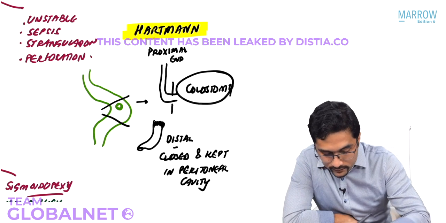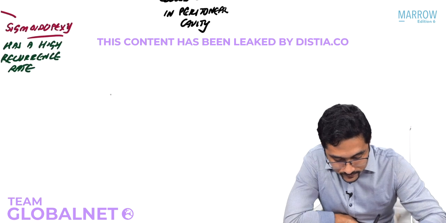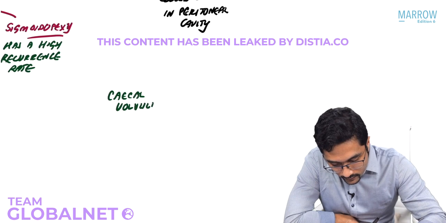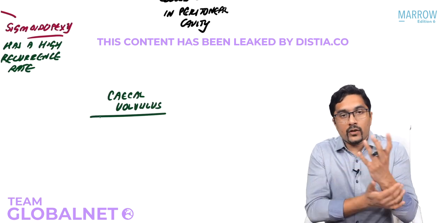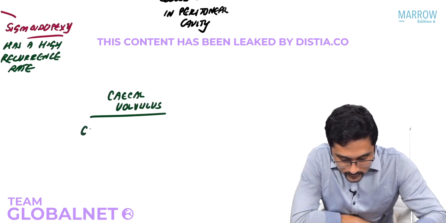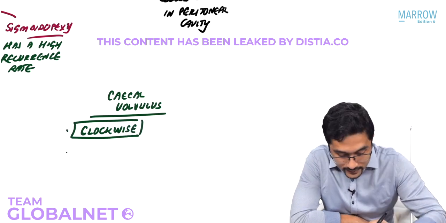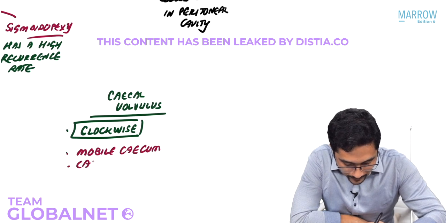The other volvulus which you need to know about is cecal volvulus. Now cecum is usually fixed. So cecum usually cannot undergo rotation because it is fixed. So cecal volvulus usually undergoes volvulus clockwise, and you need to have a mobile cecum or a cecal bascule.